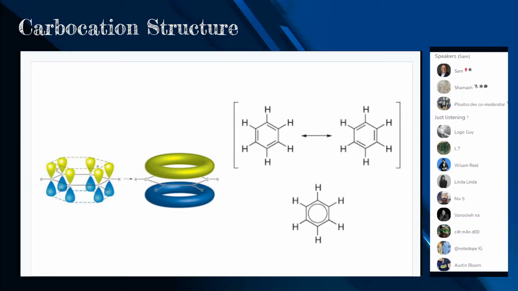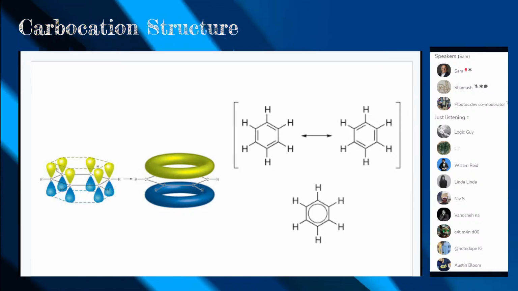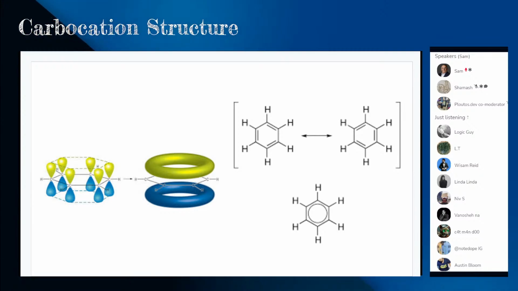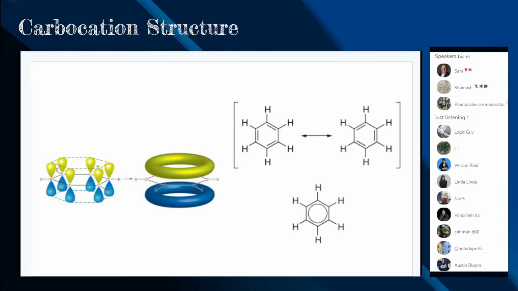So those two are called canonical structures because they follow the canon of single bonds and double bonds. But canonical structures don't actually exist. They're a figment of our imagination.